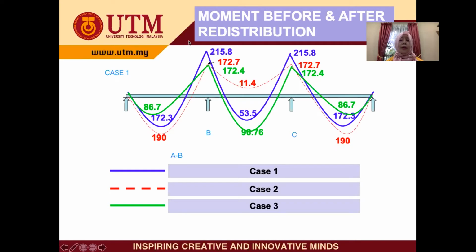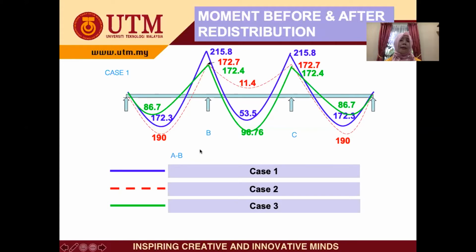Now, this diagram shows you the moment before and after redistribution. Actually in the design we have case 1, case 2 and case 3. So meaning that in every case we need to redistribute.